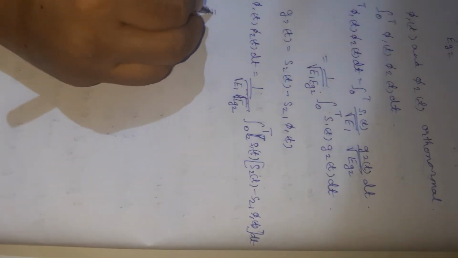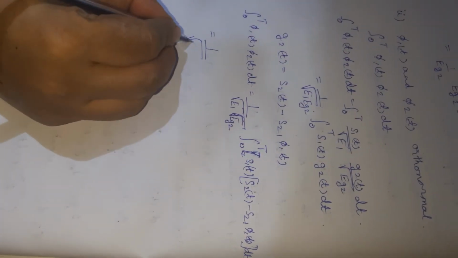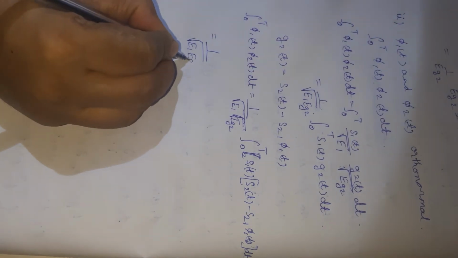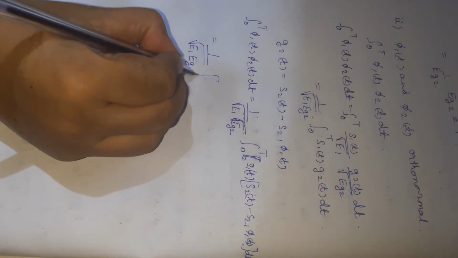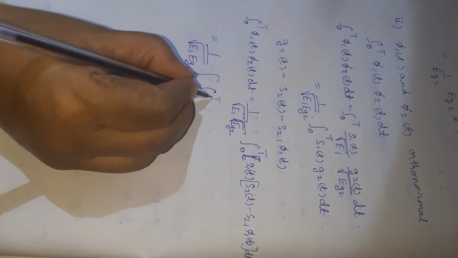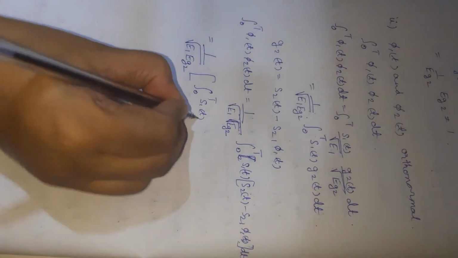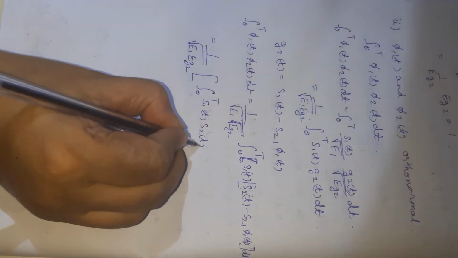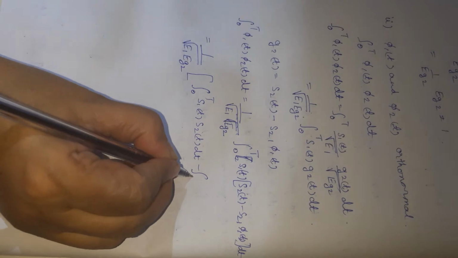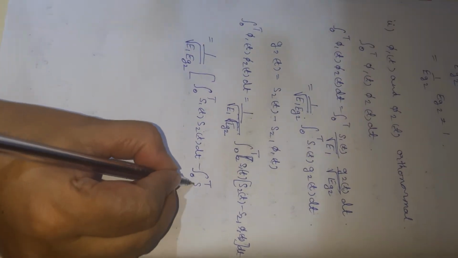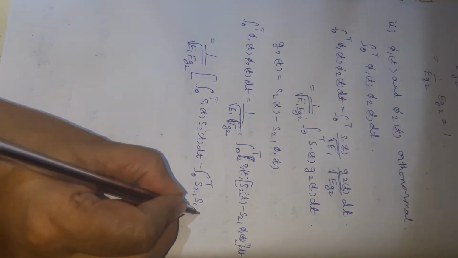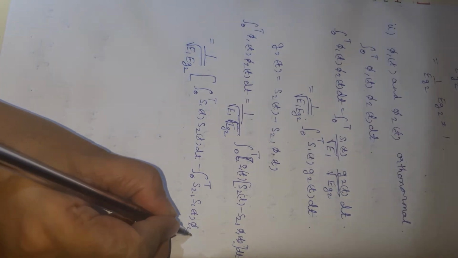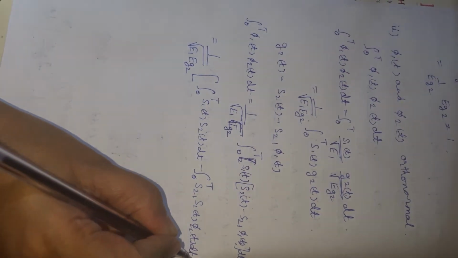This can be written as 1 over root E1 Eg2 times the bracket: integration from 0 to T of s1 of t s2 of t dt minus integration from 0 to T of s21 s1 of t phi 1 of t dt.